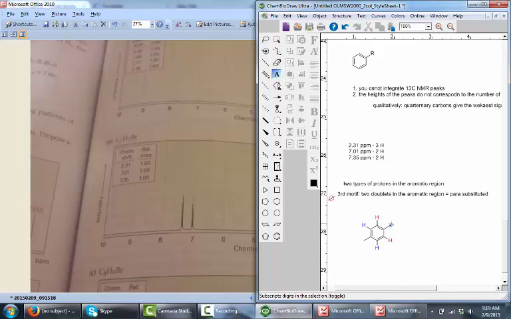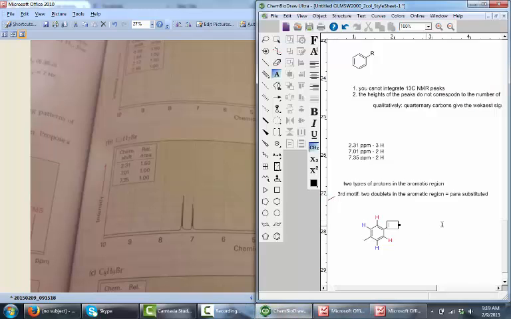And finally, I have a 3H signal at 2.31 ppm, and that's a singlet. That singlet means that it's not next to any other carbons with protons, which means I can put a methyl group right over there, and that would solve the criteria of that signal at 2.31 ppm.